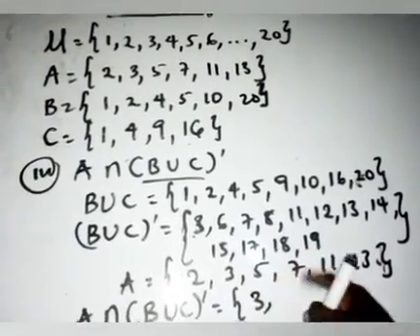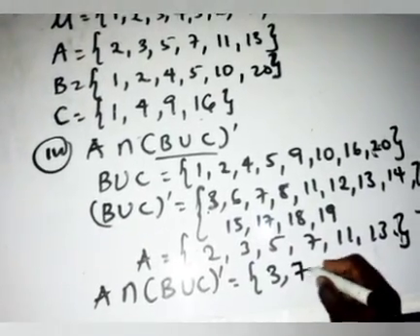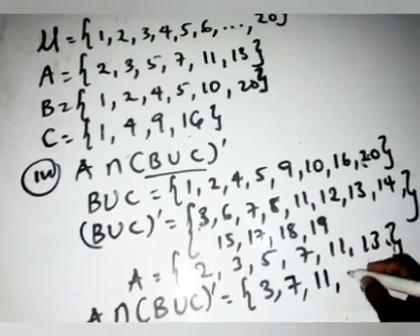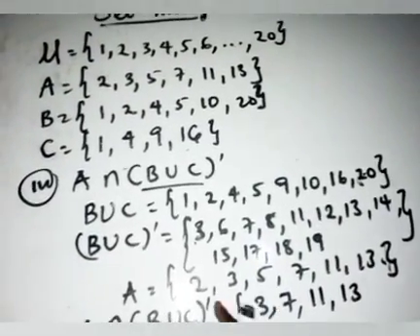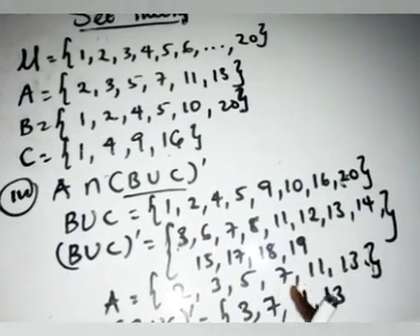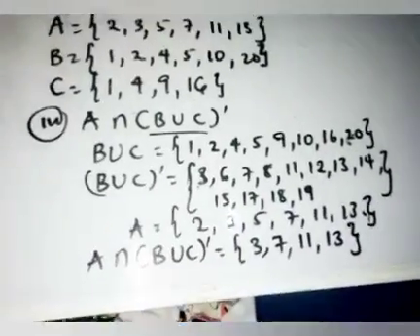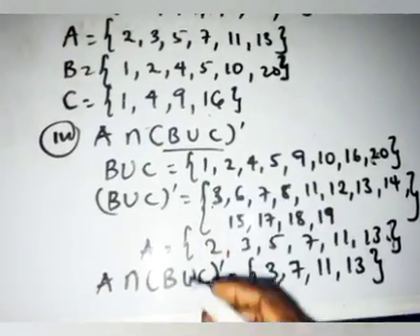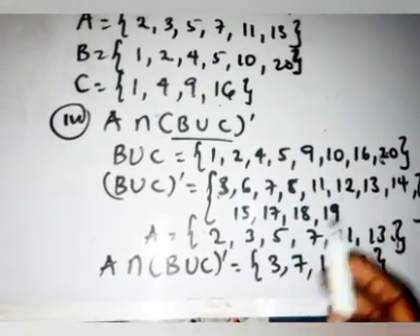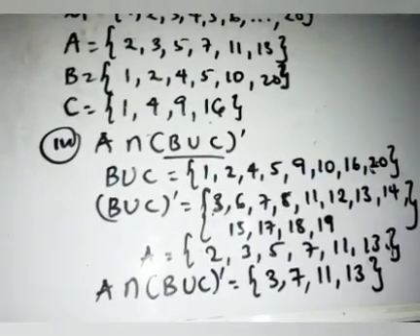There is 7 here, 7 is also common. There's 11, 11 is common, and 13 is common. 2 is not common, 5 is not common, and that is all. So A intersection B union C all prime includes 3, 7, 11, and 13.